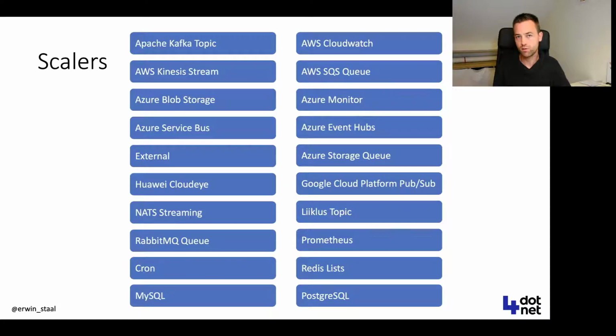There's various different kinds of scalers for Azure, but there's also some out there for Google Cloud, for AWS, and also some scalers that aren't even cloud specific. So there's a scaler for Prometheus, which we will see later on. But there's also one which allows you to read from a MySQL database and do scaling based on something you get out of it. So there's a wide range of different things you can actually be scaling on. And that's pretty powerful, pretty cool.